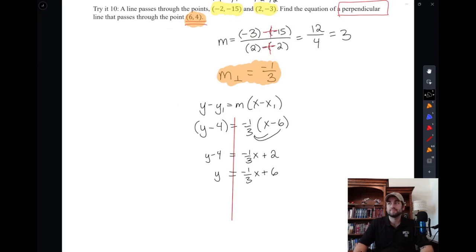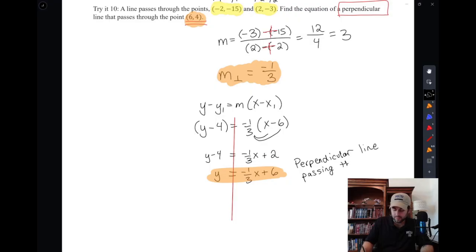All right. And if there's no questions or no problems, that would be, actually I should have labeled that. That would be perpendicular line passing through 6, 4.